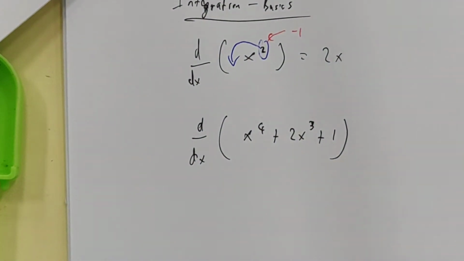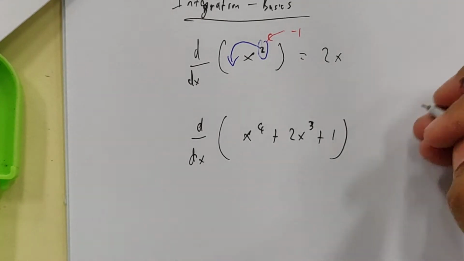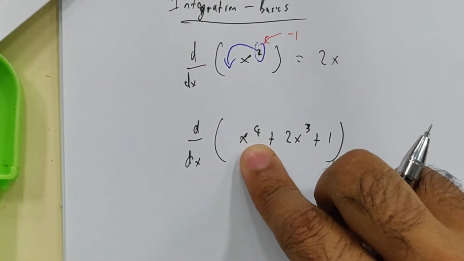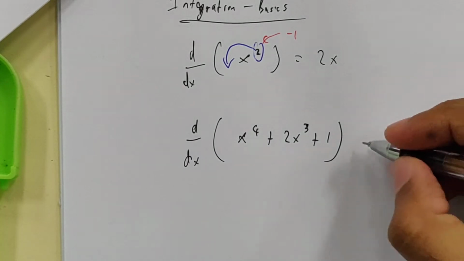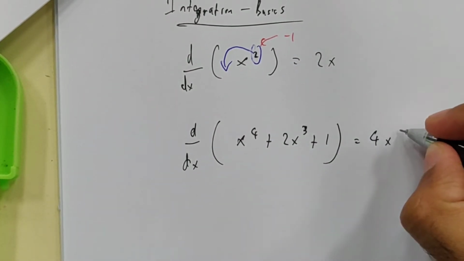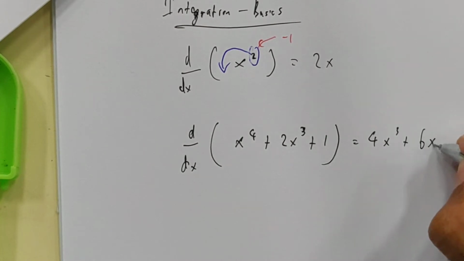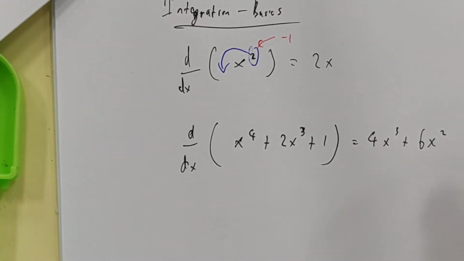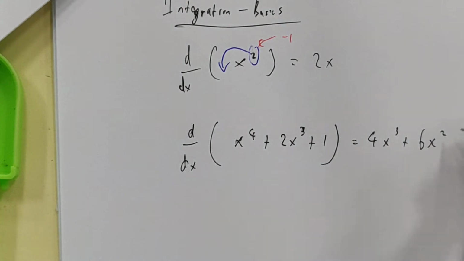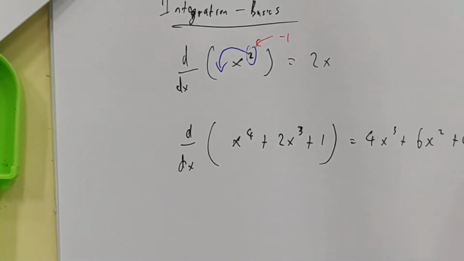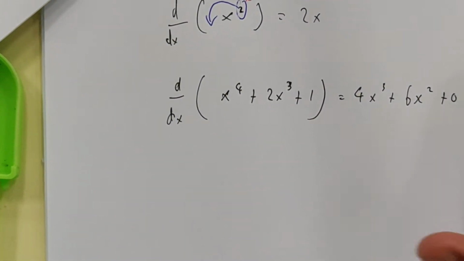Do you remember? x4 becomes 4x cubed plus 6x squared, 1 becomes plus 0. Okay, basics, don't worry.